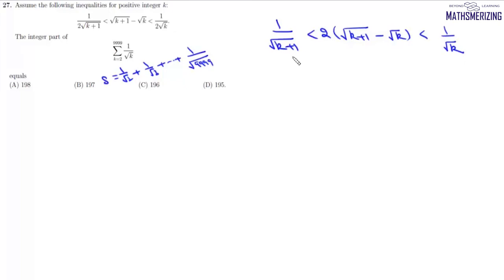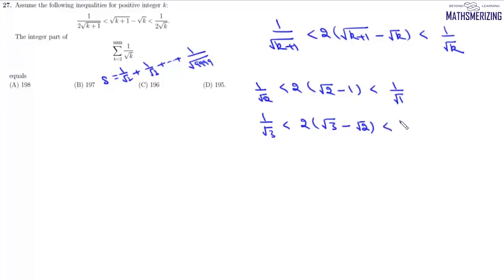Now we put k as 1, we'll write 1 upon root 2 will be less than 2 into root 2 minus 1, and it will be less than 1 upon root 1. Now if we put k as 2, we'll get 1 upon root 3 will be less than 2 into root 3 minus root 2, and it will be less than 1 by root 2.